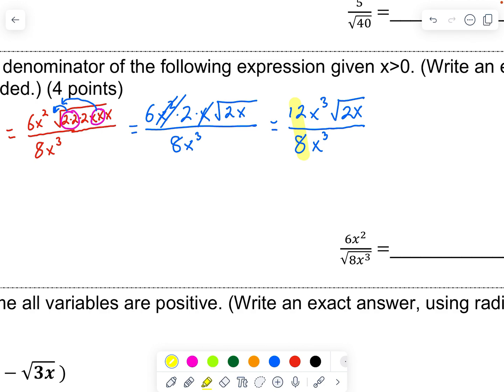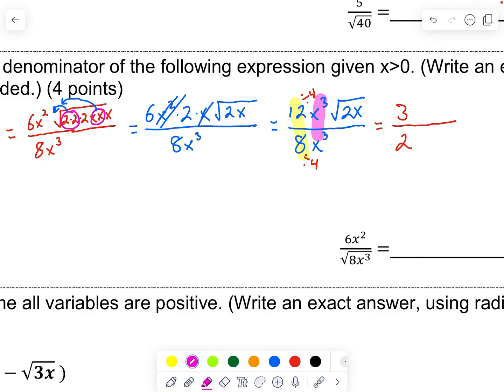12 over 8, that can be simplified because I can divide both of those by 4. Divide that by 4, divide that by 4, and that's going to give me 3 over 2. X cubed over x cubed, those are just going to cancel out.